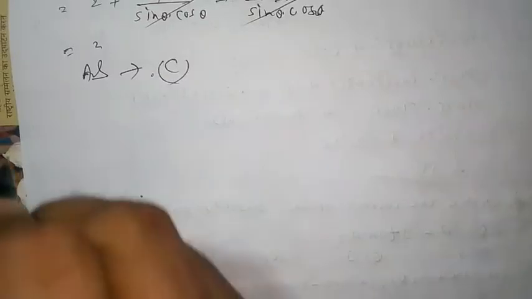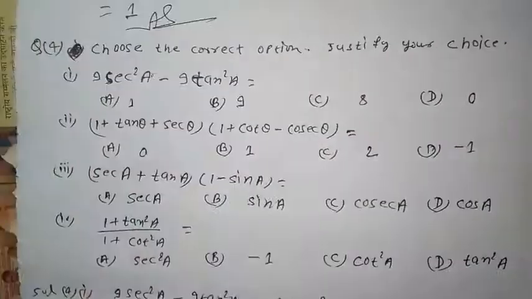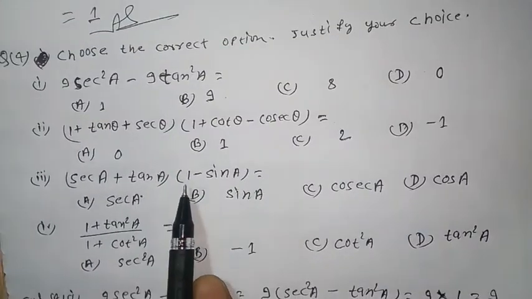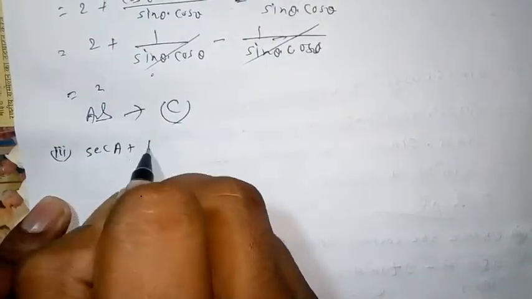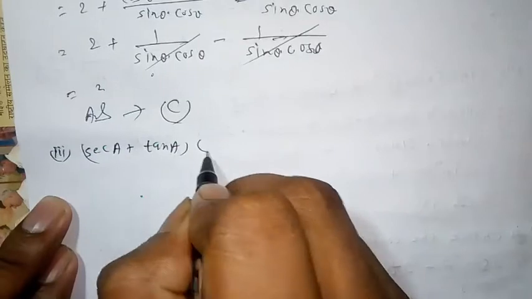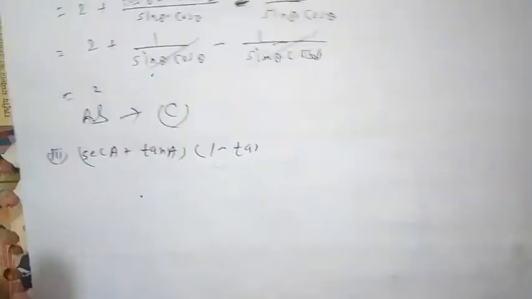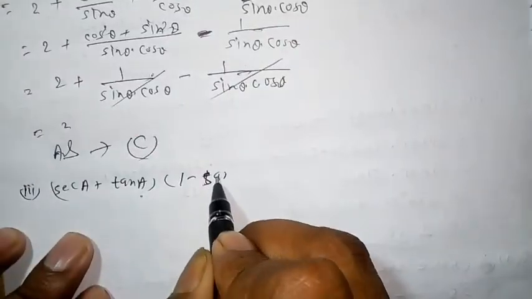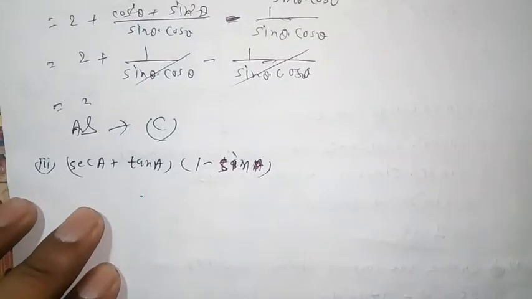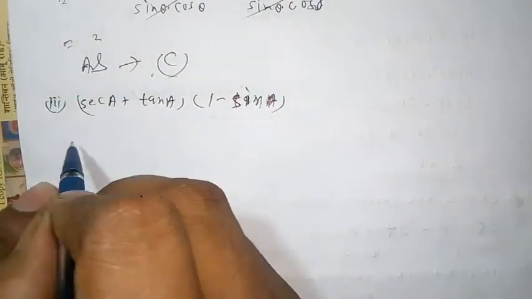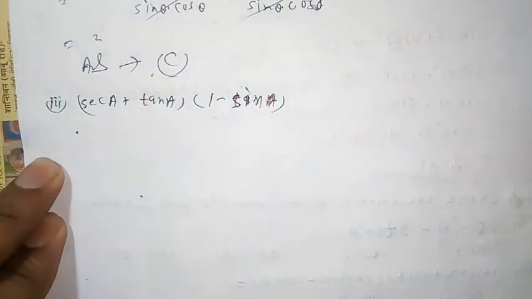Okay. The next question 3. (sec a plus tan a) into (1 minus sin a) is equal to.